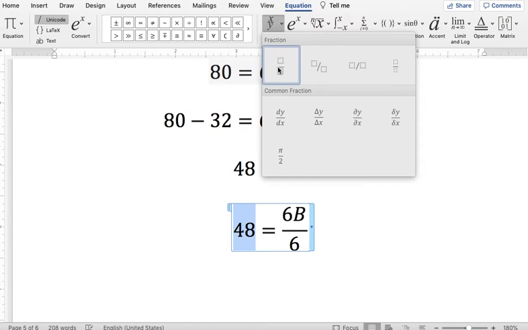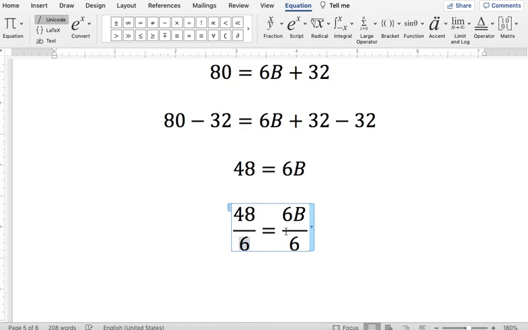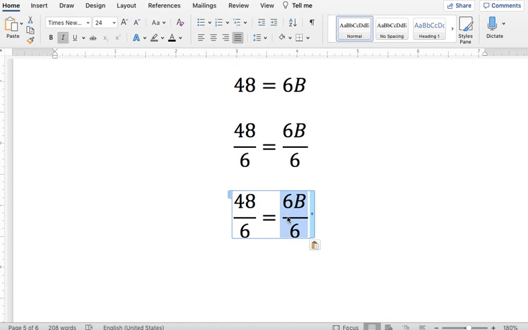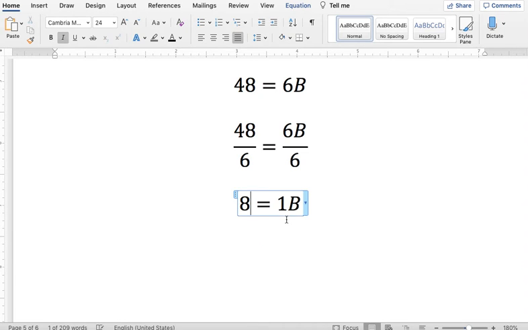So each of these I'll just divide by 6, each side of the equation. All right, so 6 divided by 6 is just 1. So 6b divided by 6 is just 1b. 48 divided by 6 is just 8. And just a little quick reminder that 1 times 1b, or 1 times b, is the same as just saying b. So my b is equal to 8.